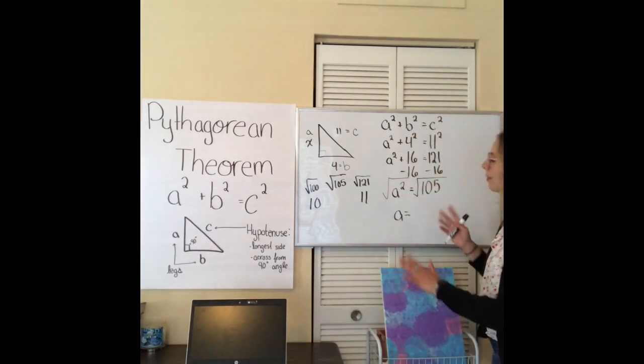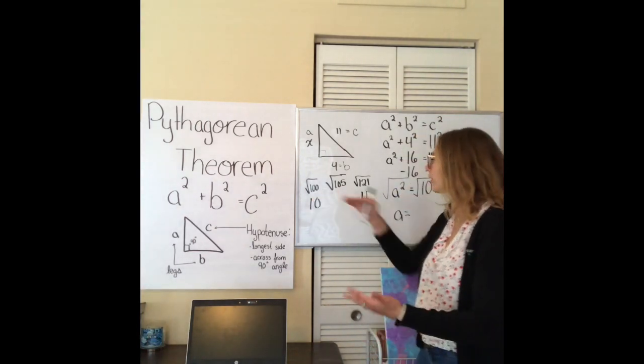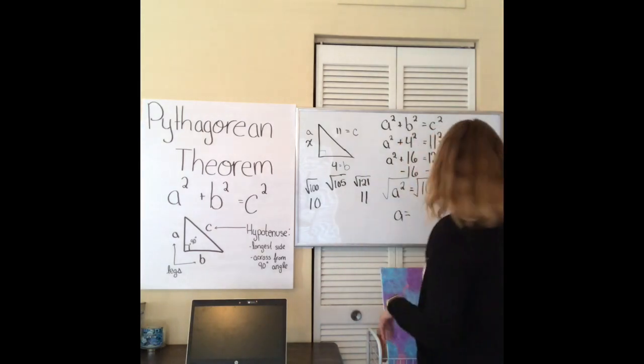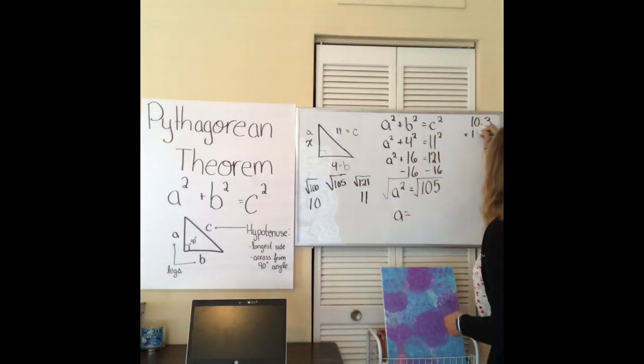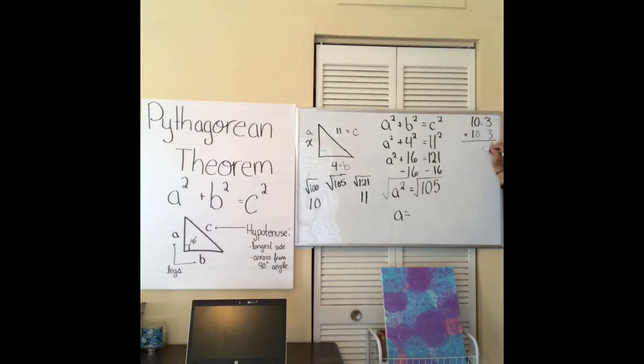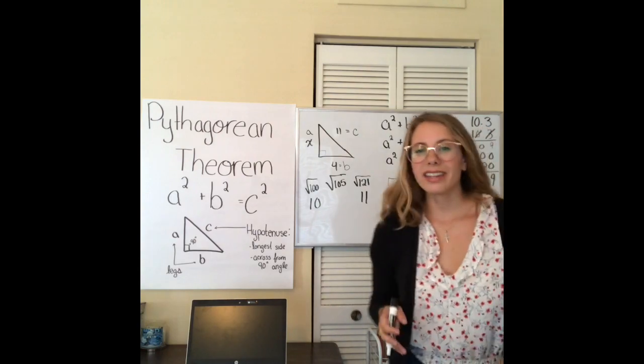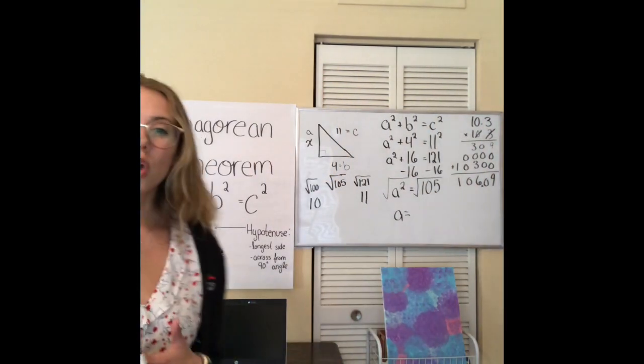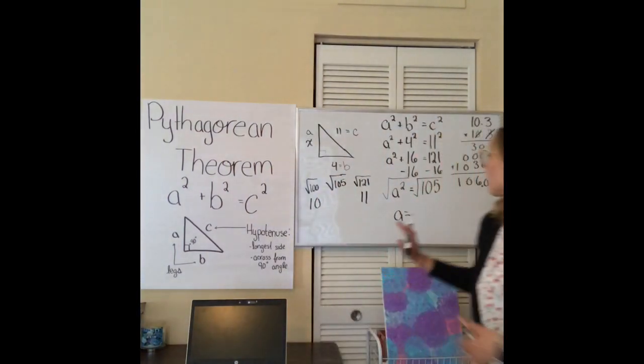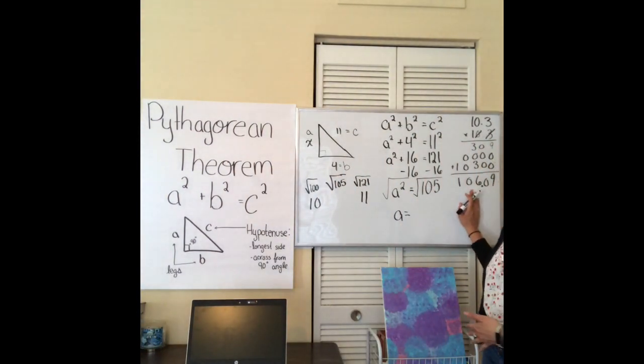I'm going to start with 105 is closer to 100, so I'll start with 10.3. I end up with 106.09, and I want to see, can I get any closer than this? Well, let's try something a little bit smaller since 106.09 is too high.